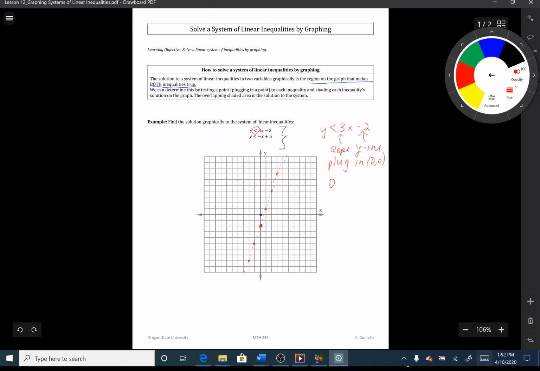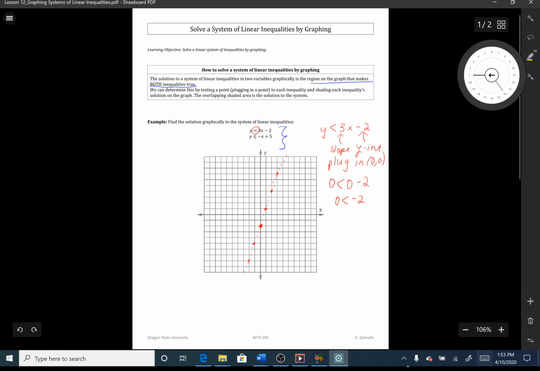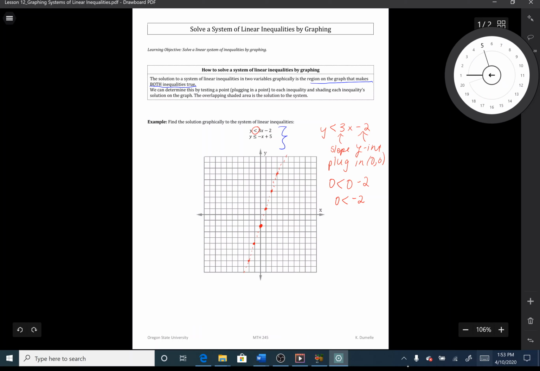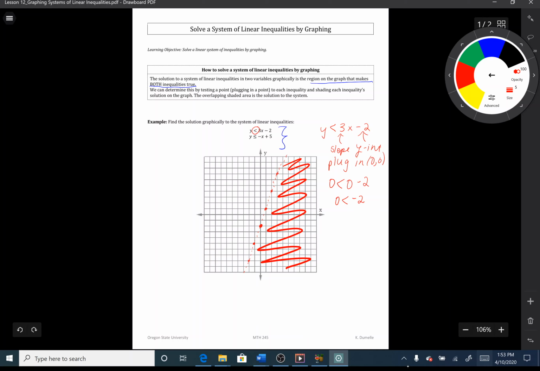This gives me 0 is less than 0 minus 2, or 0 is less than negative 2, which is not true. So I know that the point 0, 0 is not in my shaded region. So I am going to shade this portion. So this portion of the graph makes the first inequality true.